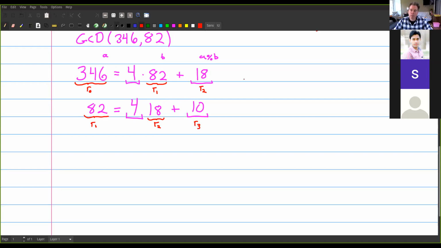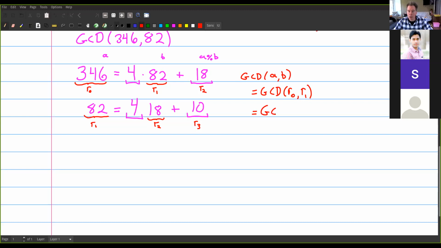So what links these to each other? Yeah, they are. So the GCD of A and B, that's what we want to figure out, is the same thing as the GCD, just in different notation, of R0 and R1. So that's just different symbols for the same numbers.